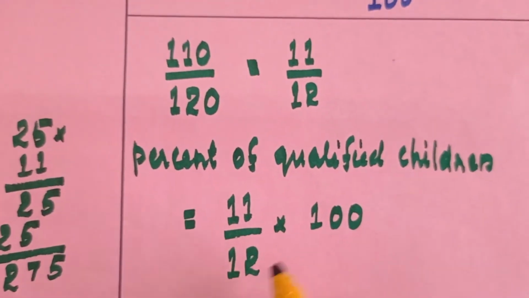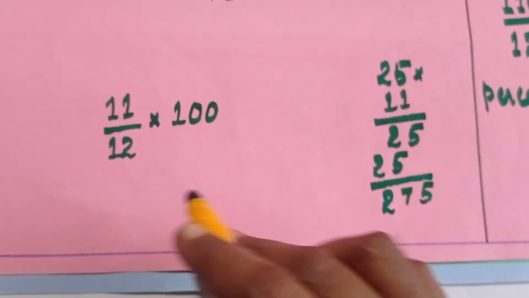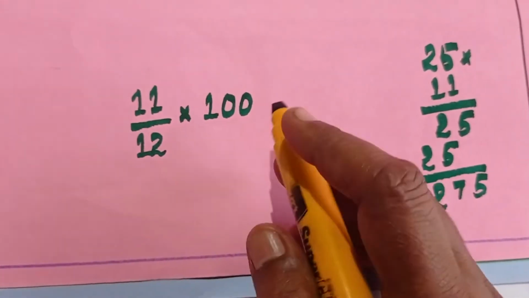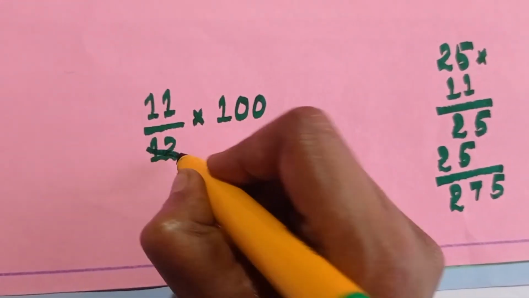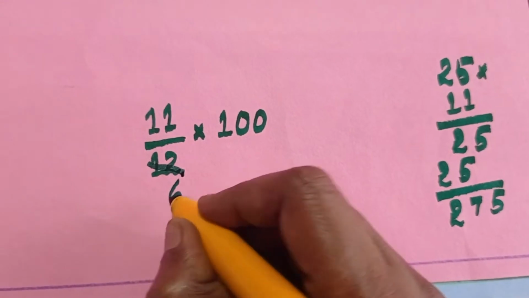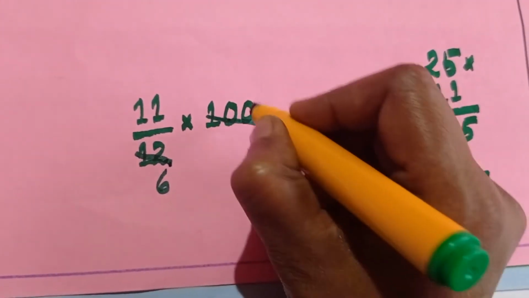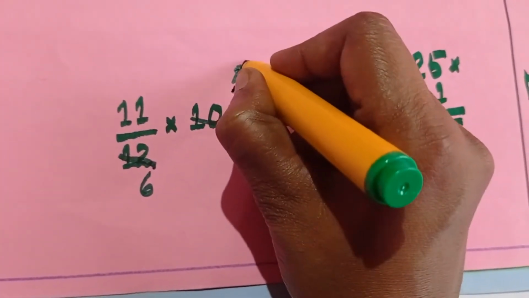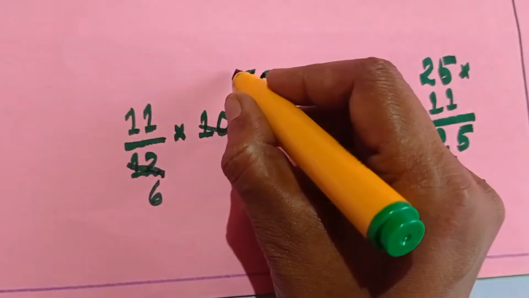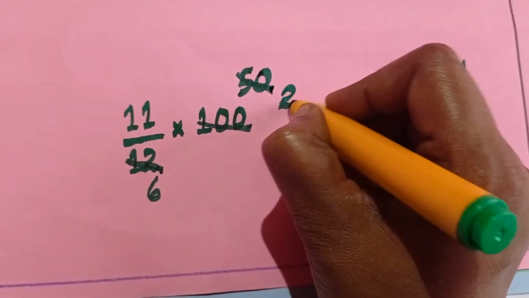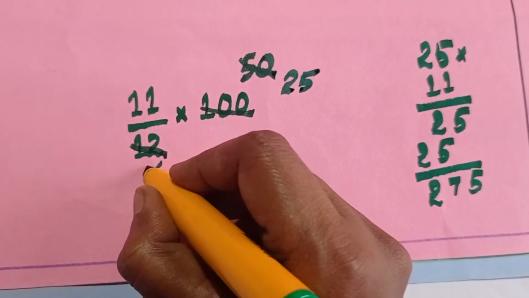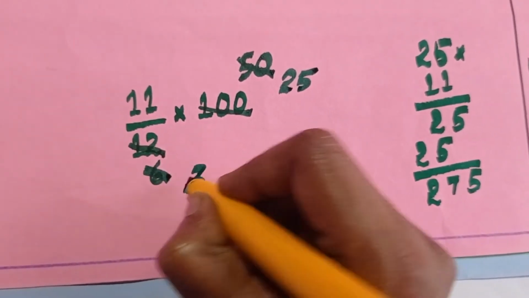11 by 12 into 100. Then 12 divided by 2 is 6. 100 divided by 2 is 50. Again 50 divided by 2 is 25. And 6 divided by 2 is 3.